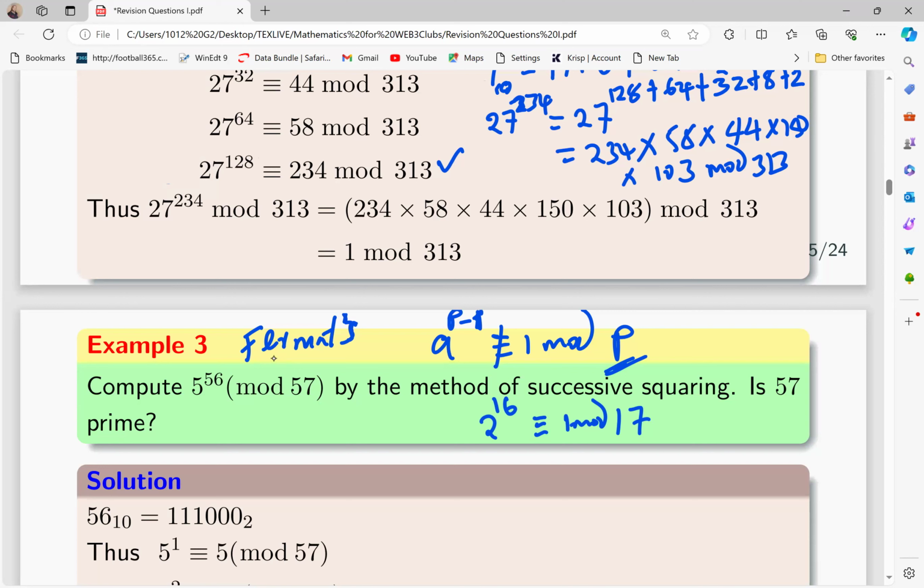For instance, if you have 5, a prime number, I know that since 5 is a prime number, any smaller number raised to 4, the result will be 1. If I take 2 raised to 4, the result will be 1.